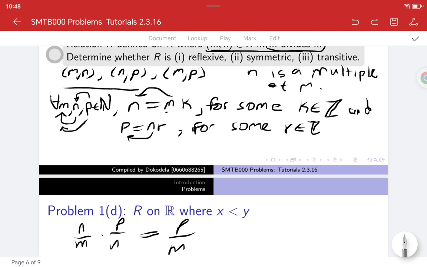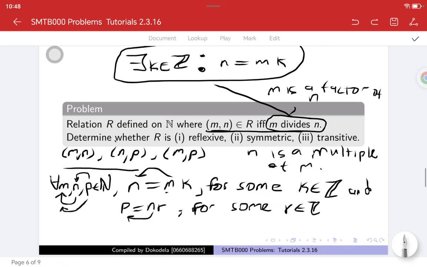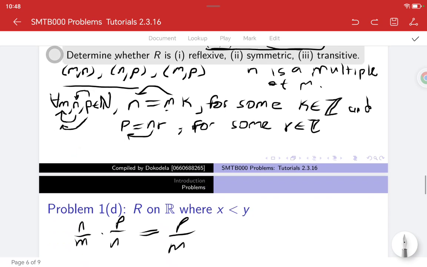Remember I said that this divides means it's either a divisor, a multiple, or a factor. So it means that instead of adding, as with the previous one, for us to find transitivity, we had to add, right? Now instead of adding these two, we're just going to divide them or multiply.